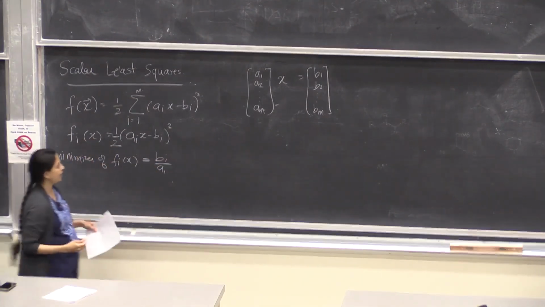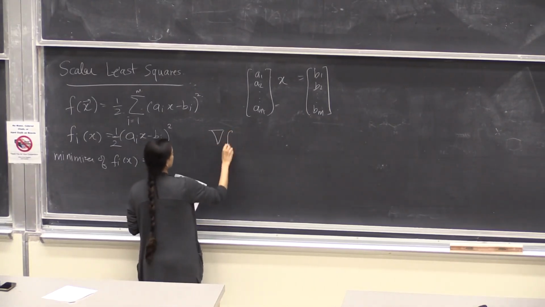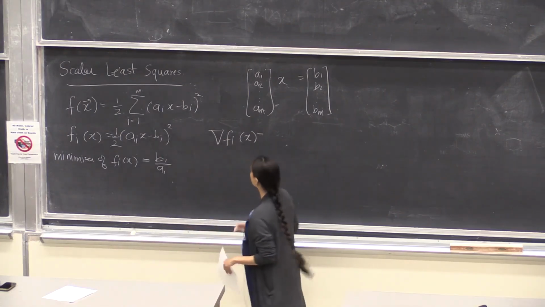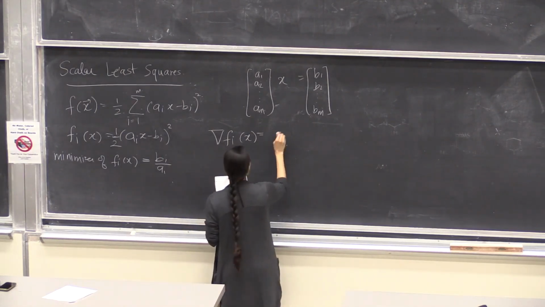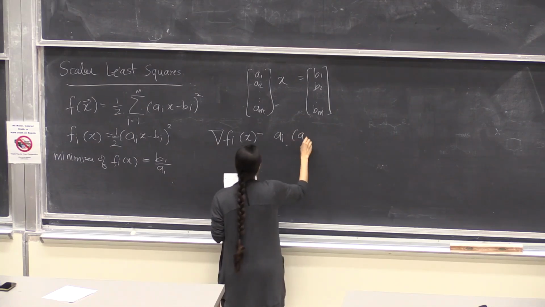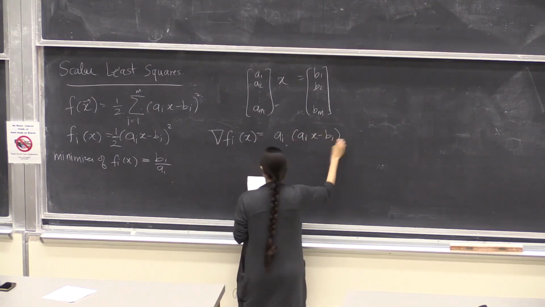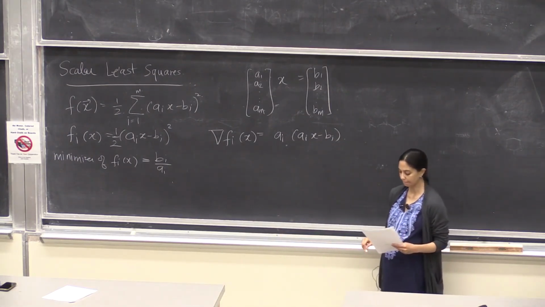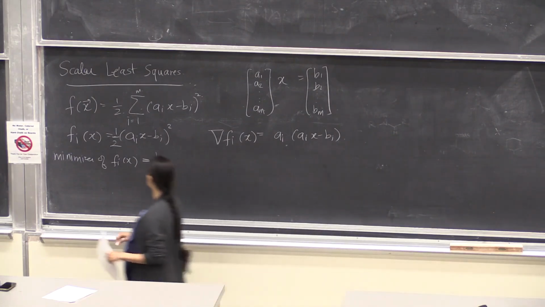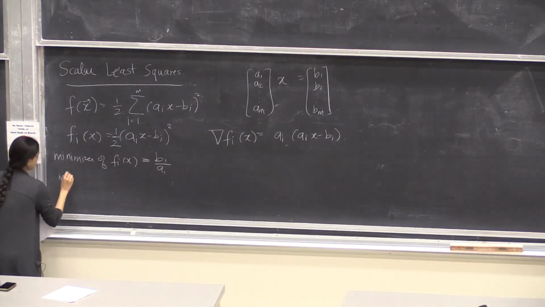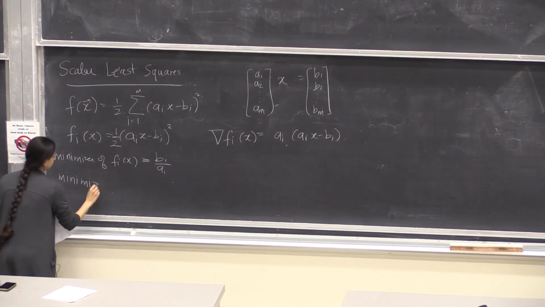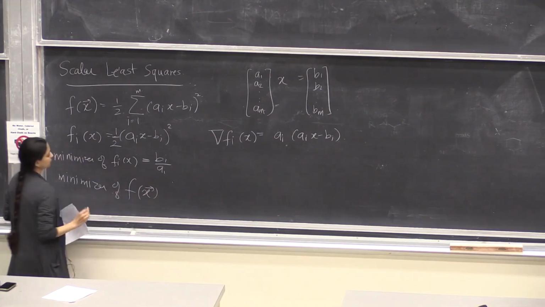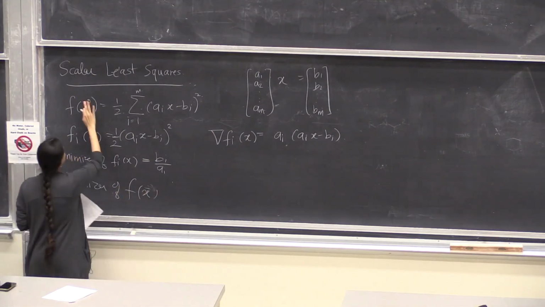Good. And what is the gradient of f_i of x? Well, that's also pretty straightforward. It's a_i times (a_i x minus b_i), right? Okay. And what is the minimizer of f of x, not f_i of x, but f of x?